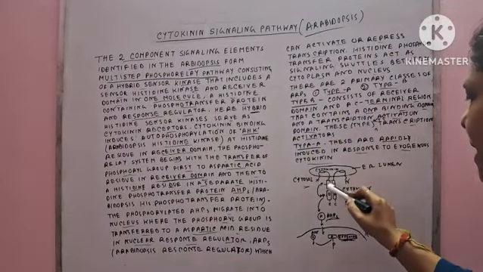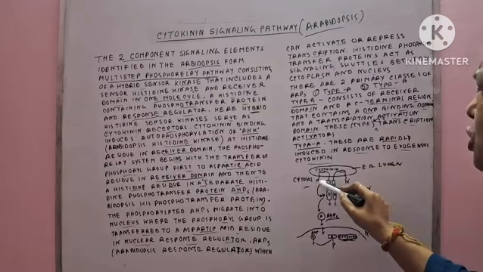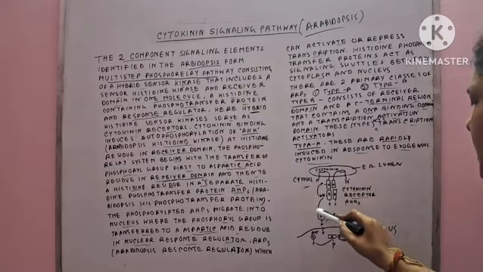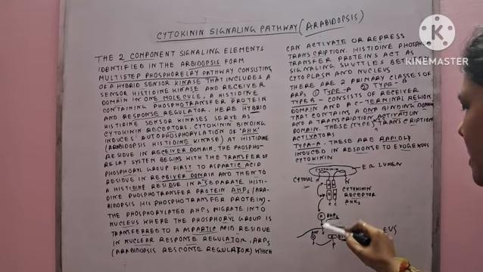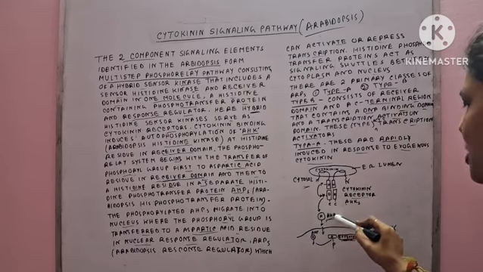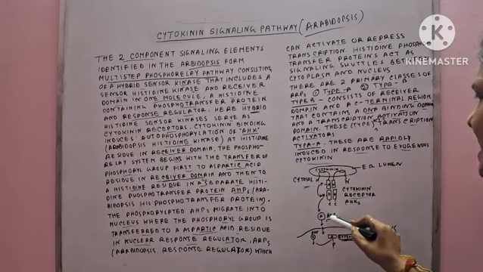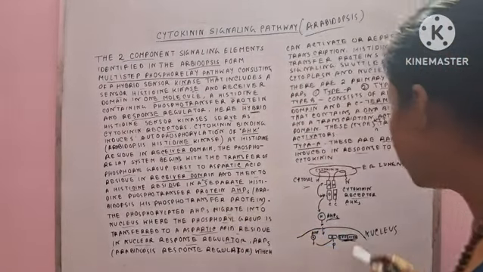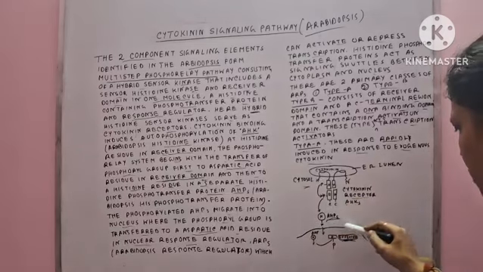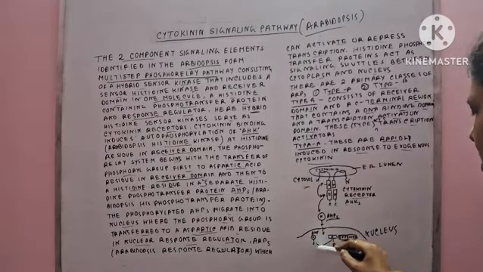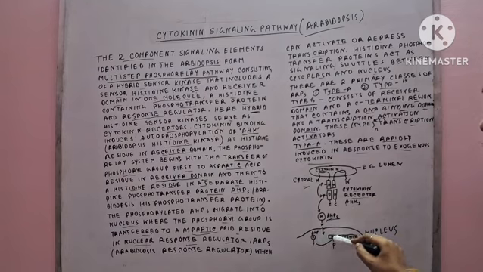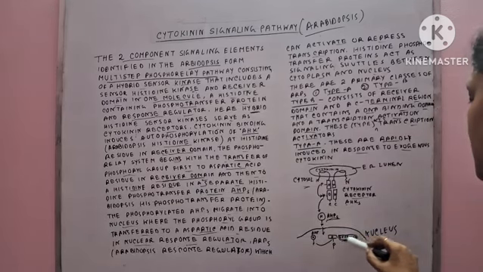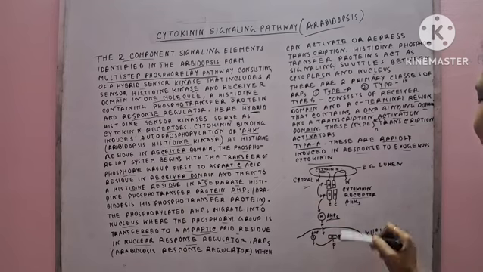And this is the rough diagram of how this activation takes place. The cytokinin first binds with these receptors, and the phosphoryl group is transferred to the AHP, the Arabidopsis histidine phosphotransfer protein, which enters the nucleus. Then the phosphoryl group is transferred to the response regulator protein, where the effector is already attached.